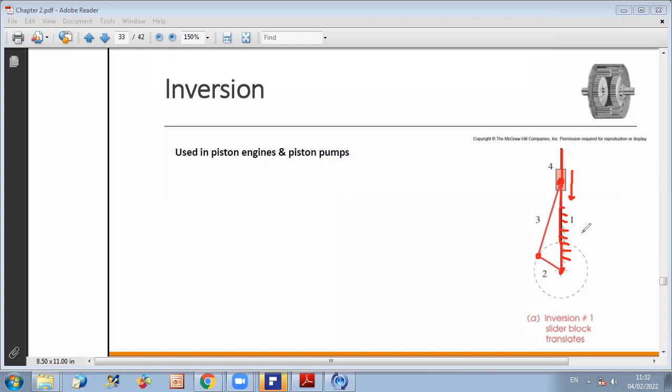In this way, when I fix 1, then 1 will constitute what? This is the body of the cylinder. Okay, so it's attached to the cylinder, and my piston will be able to translate relative to the cylinder.